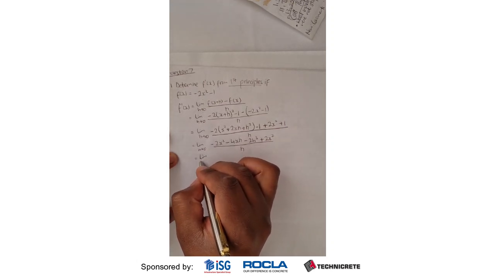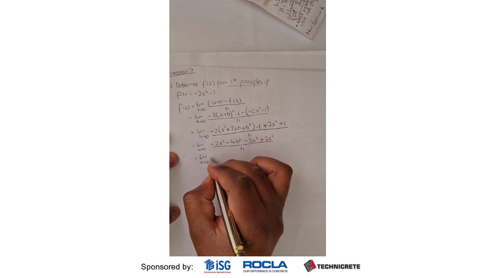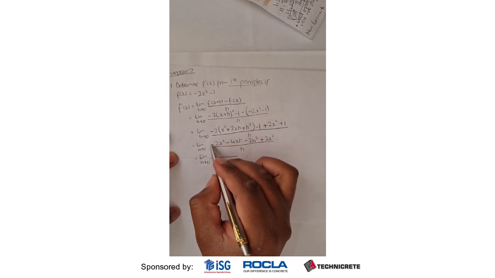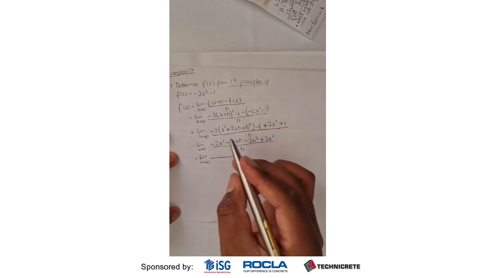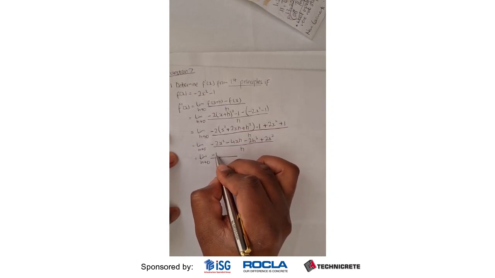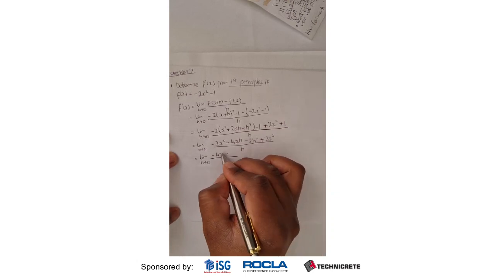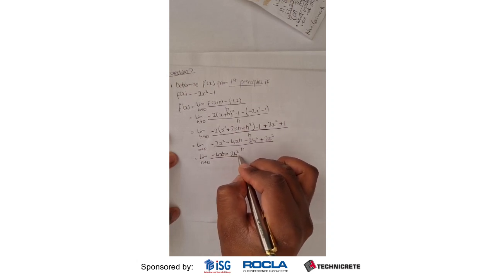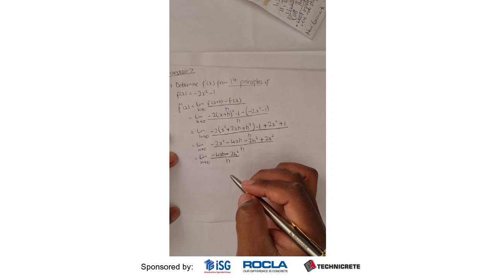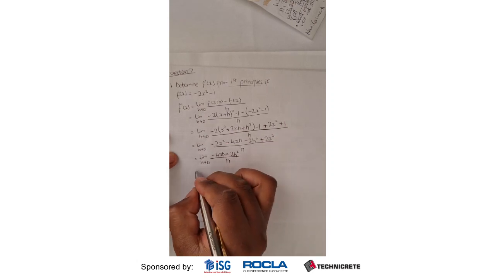Our limit as h tends to 0, the negative 2x squared and the positive 2x squared cancel out, and we are left with negative 4xh and minus 2h squared. And it's still divided by h.